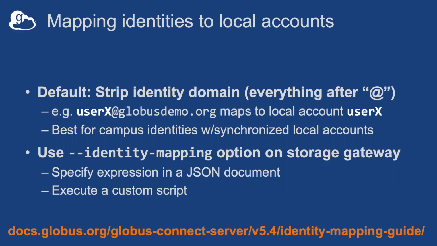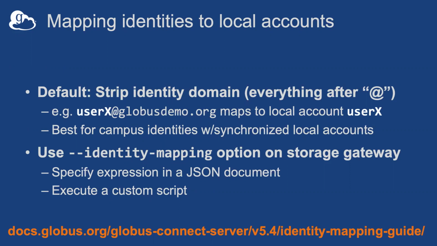But obviously people have custom ways of mapping, and there is an identity mapping option that essentially lets you customize that however you want. The option there gives the whole security context. You get all of the users' linked identities, their email, and you can use that information to determine what the local account is.